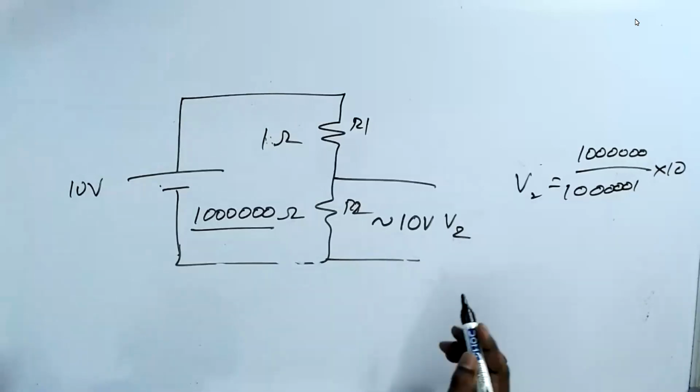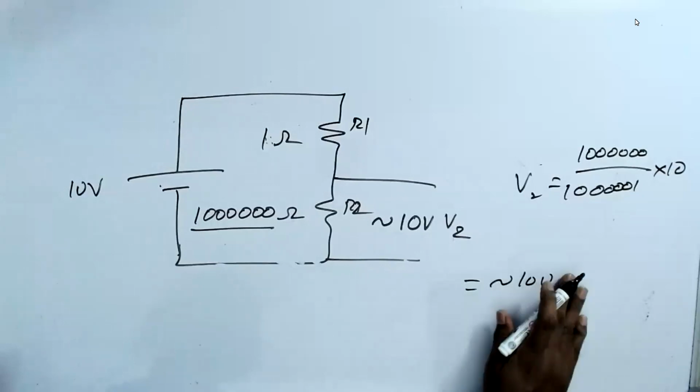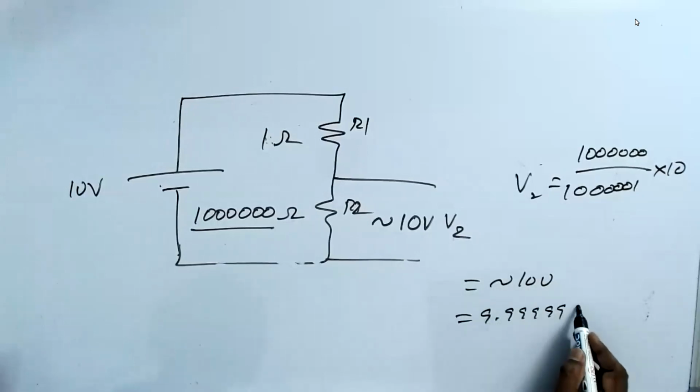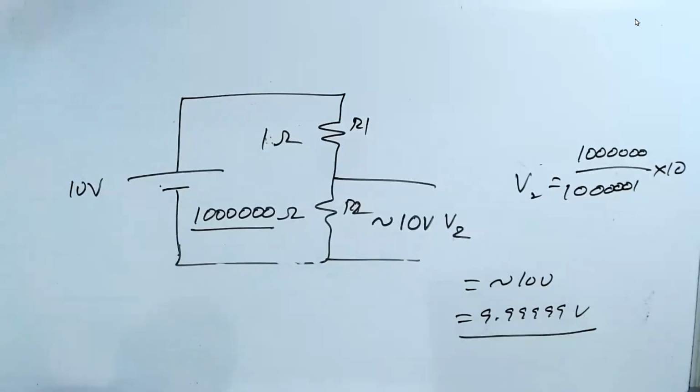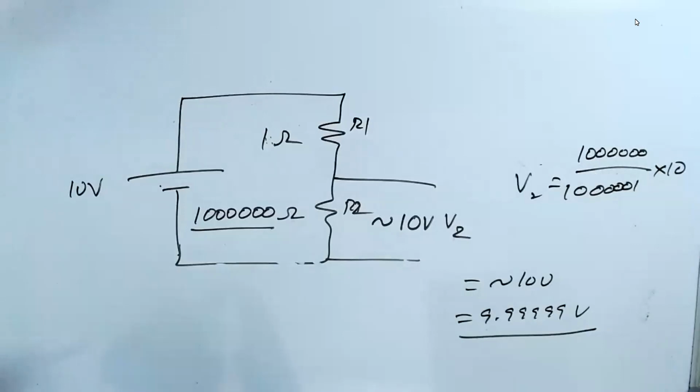You can say that this is approximately 10 volt or 9.999999 volt. There will be more nines because it is 1 million by 1 million. So understand this. This has to be very clearly understood.